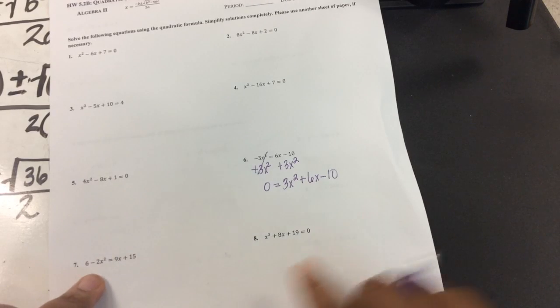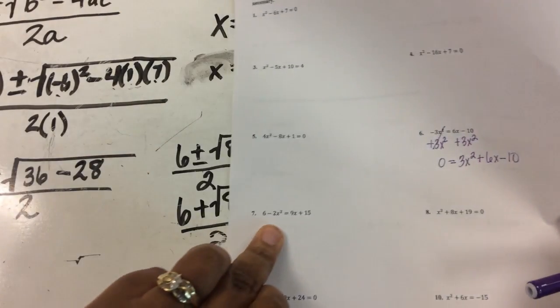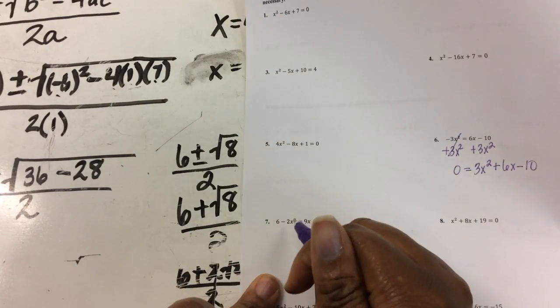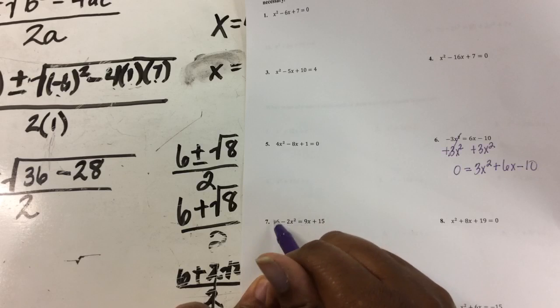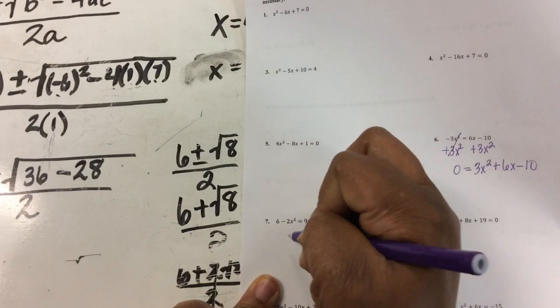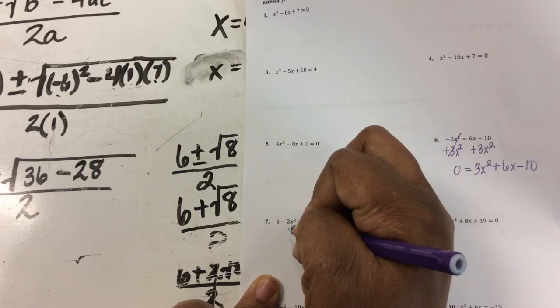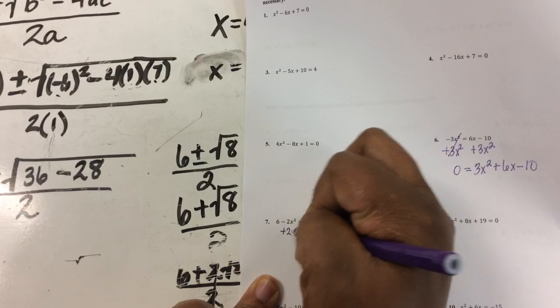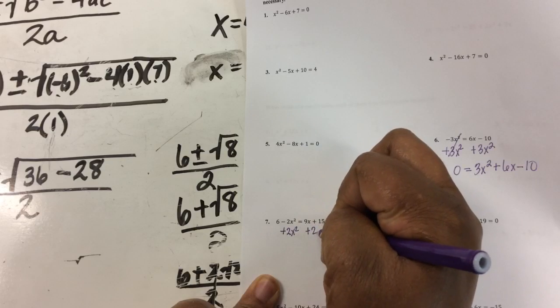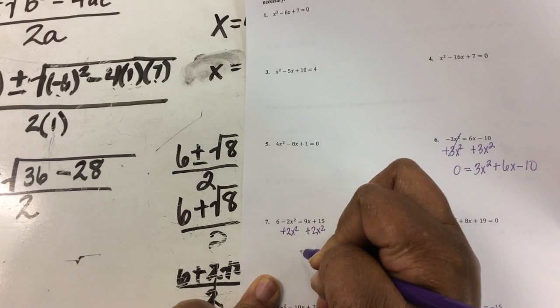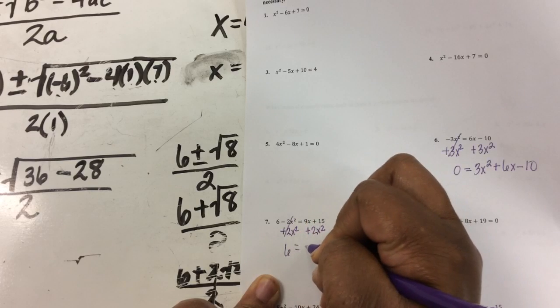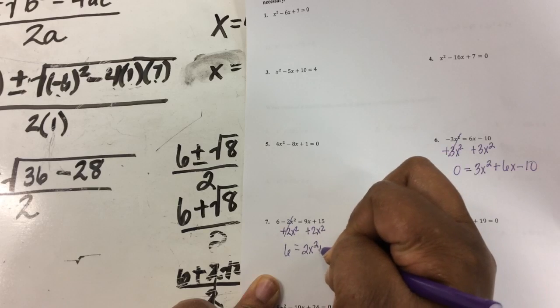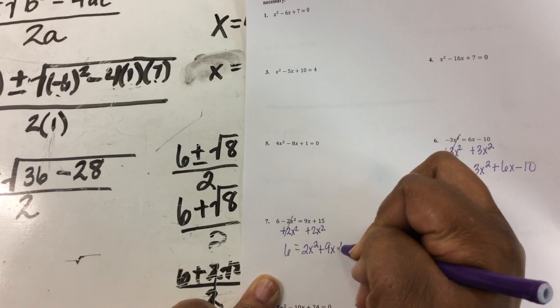Let's try this one over here. I want this equal to 0. It's probably easier to move these guys over here with this one. So first I'm going to move my x squared term. So plus 2x squared to both sides. And that gives me 6 equals 2x squared plus 9x plus 15.